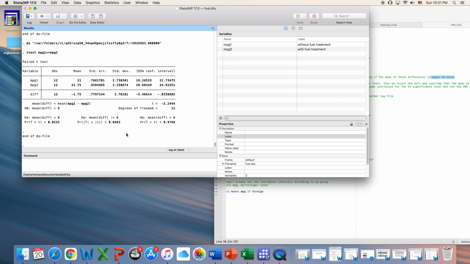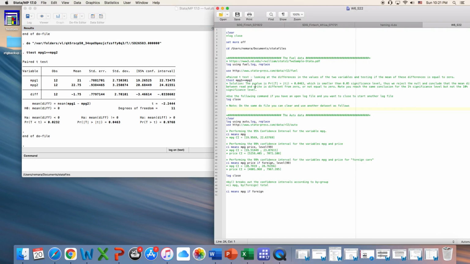As you can see, you have three different alternative hypotheses. It's always based on the question, whether I'm asking whether they are equal or not, or whether one of the variables is lower or higher. So it depends which one you're going to look at. It depends on the format of the question.